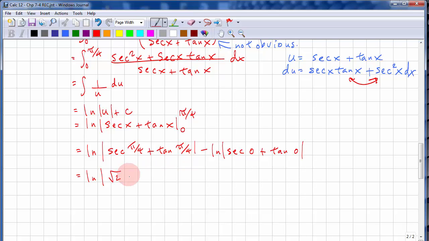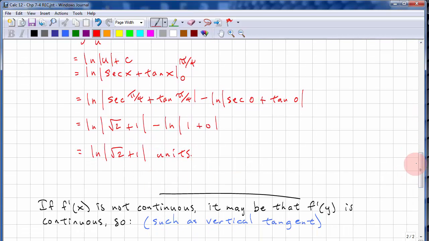And tangent of pi over 4 is 1. 1 over cos 0. Cos 0 is 1, so 1 over 1 is 1. And tangent of 0 is just 0. So we have ln root 2 plus 1. Ln of 1 is 0. And units.